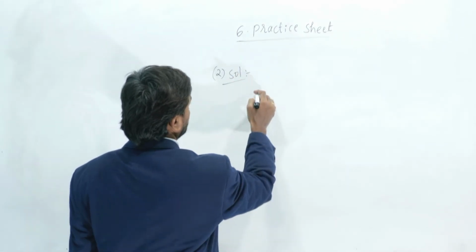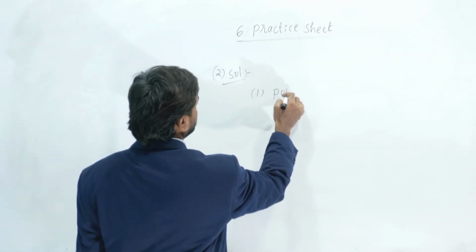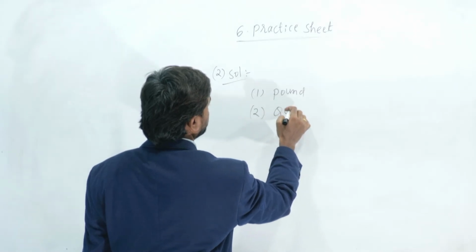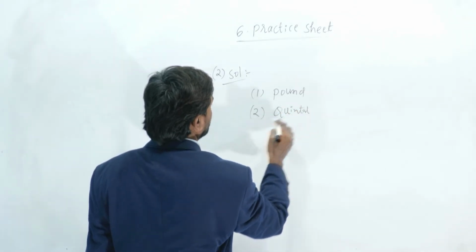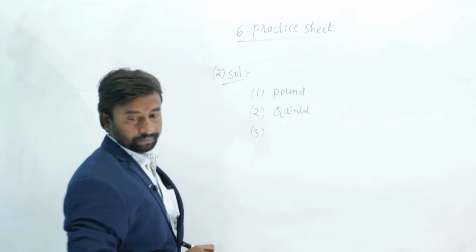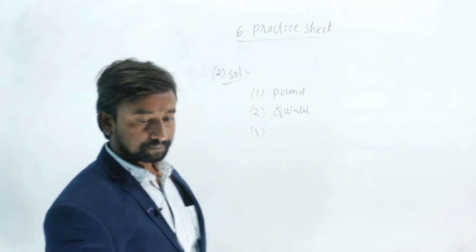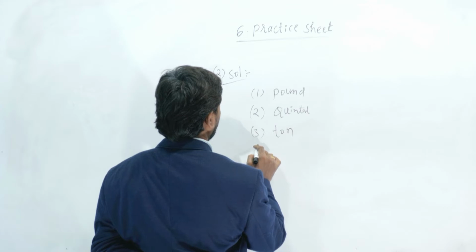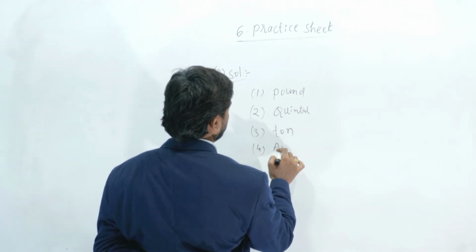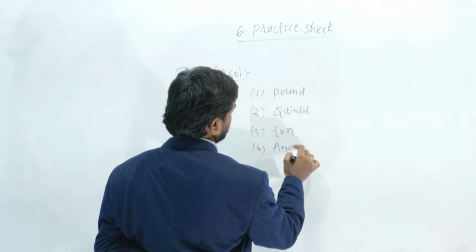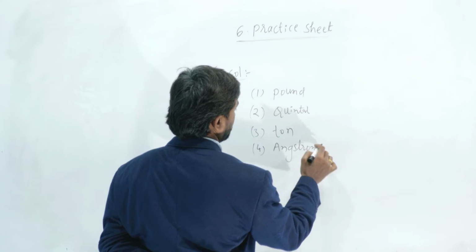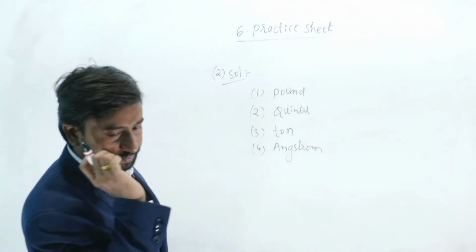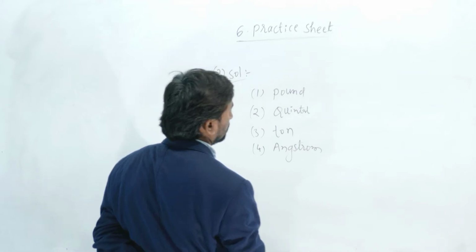The second option is given here, pound, and the second one is quintal, and the third option is ton, and the fourth one is given angstrom. Okay.